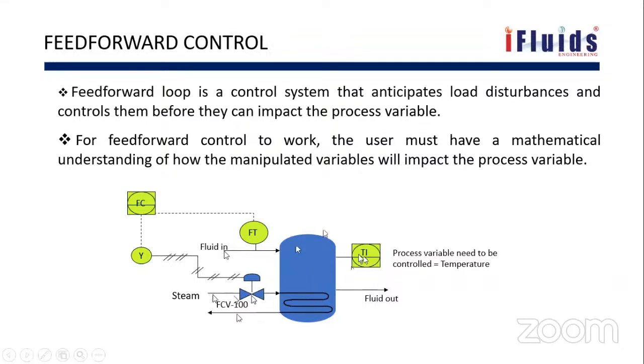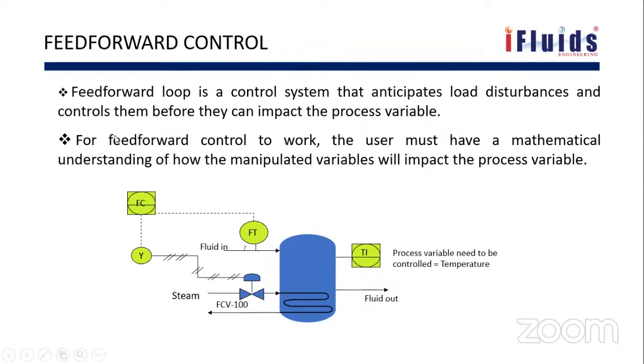So if inlet flow is constant, there is no need of varying the steam flow, because for heating this much fluid, I'll be requiring this much steam, that is fixed. But what happens if inlet flow is varying? Then it will be difficult to control the steam flow if this control loop is not there.